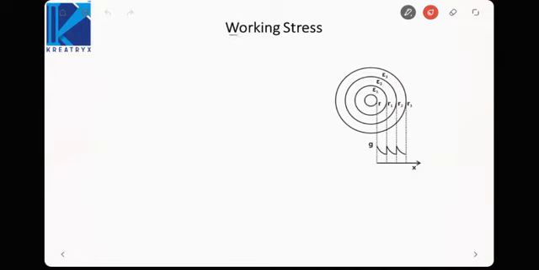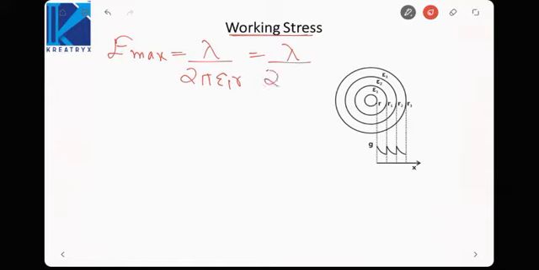Next, if we keep the working stress the same, working stress is the maximum electric field. Now the maximum electric field for the first one was lambda by 2 pi epsilon 1 r, which should be equal to lambda by 2 pi epsilon 2 r1, or lambda by 2 pi epsilon 3 r2.